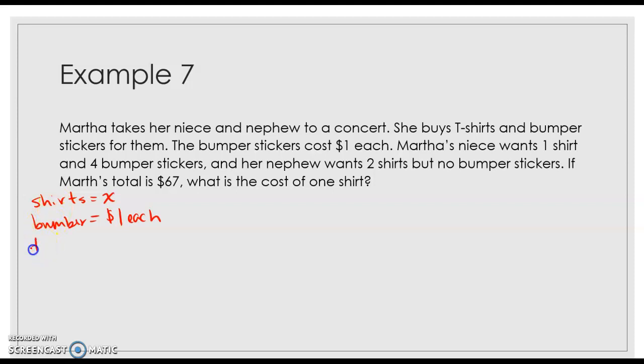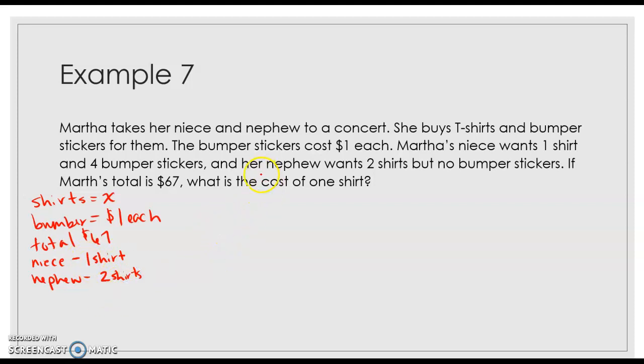And our total is $67. We know that the niece bought 1 shirt, and the nephew wants 2 shirts. And those are the things we don't know the price of.